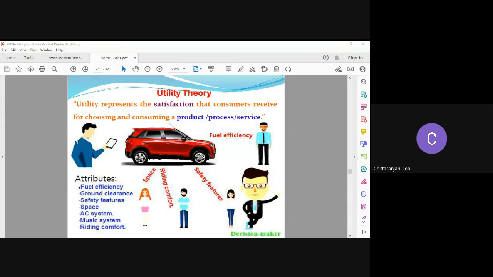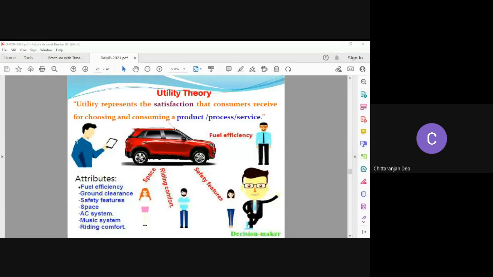Utility can be defined as the usefulness of the product or a process in reference to the level of interaction with the consumer. Hence, it represents the satisfaction that the consumer receives by choosing and consuming a product or service.